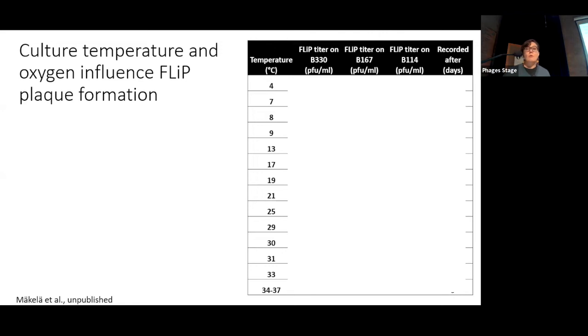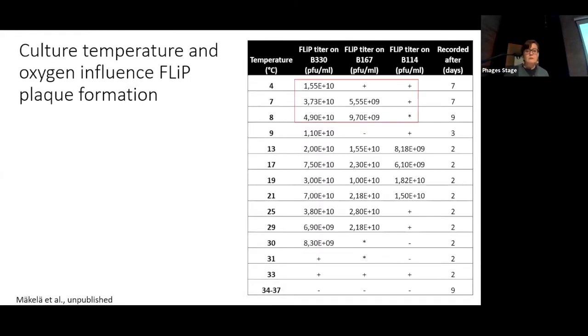But the most even bacterial load can be detected when we culture the bacteria from 7 degrees until 25. But what happens then with flip infectivity? Flip can produce plaques in all of these hosts, obviously also in the cooler temperatures.